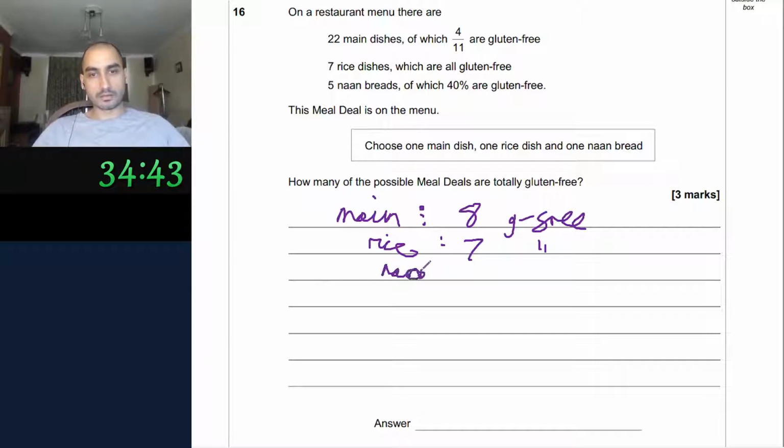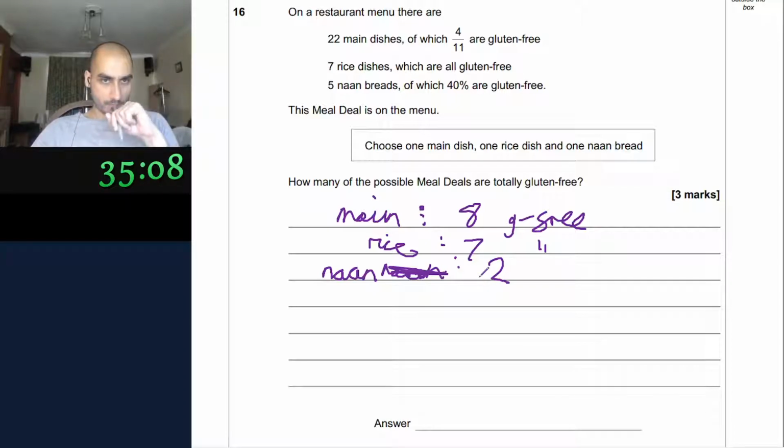Naan: 2. The numbers are confusing me. So it's just multiply 8 by 7 by 2?